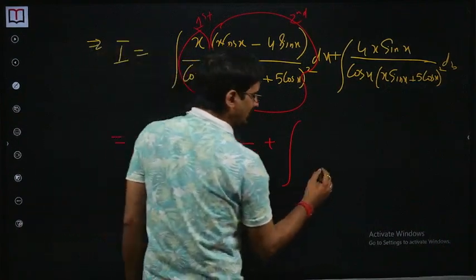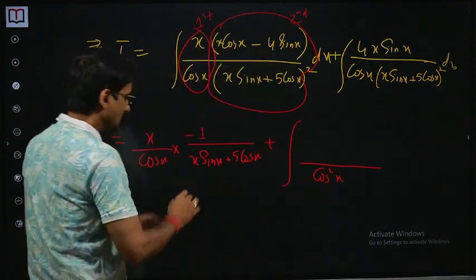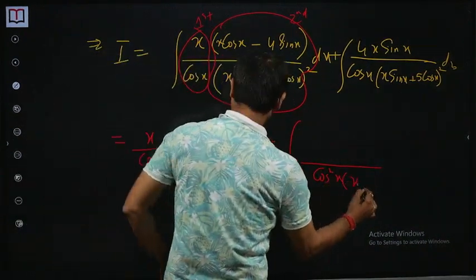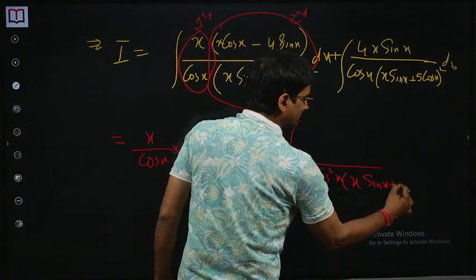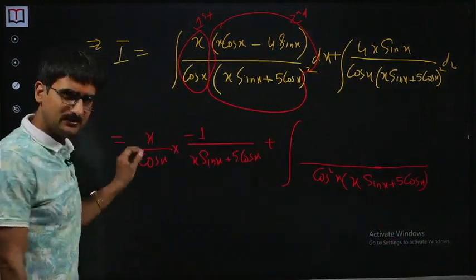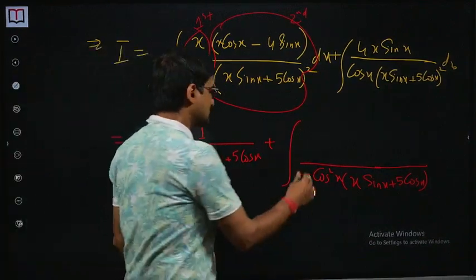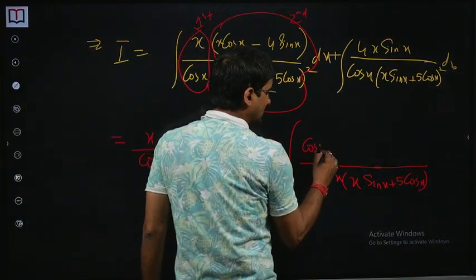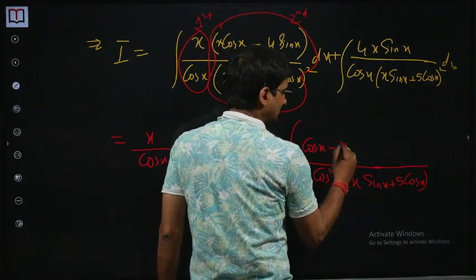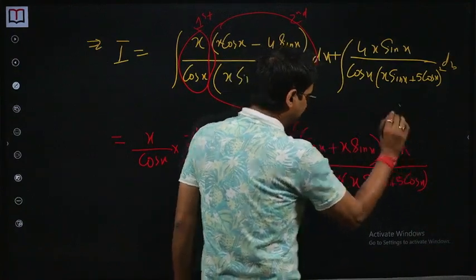Now the derivative of x upon cos x is cos square x into that, the integral which we get, x sin x plus 5 cos x. I am writing it directly here, children. Fine. Now the numerator part, because of the differentiation of the first function. So this is cos x into the derivative of x, which is 1, minus x, and the derivative is sin x, dx.